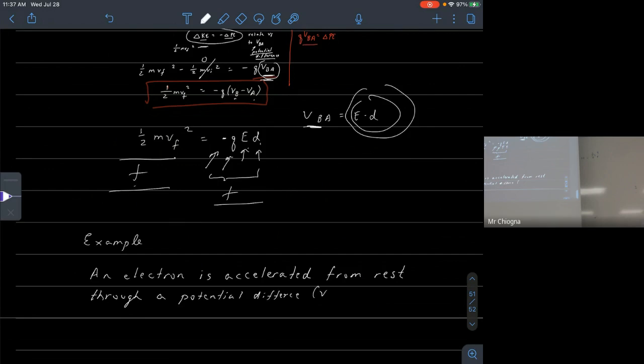That's your VBA. They won't tell you that, but that's what VBA is. It's a potential difference of 30,000 volts. What's the kinetic energy gained by the electrons? Now they could have asked you what's the speed. This is even easier. So what's the kinetic energy? Let's do that first, and then we can talk about the speed, the kinetic energy gained by the electrons.